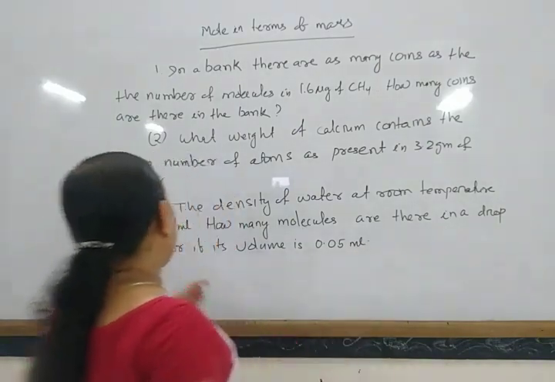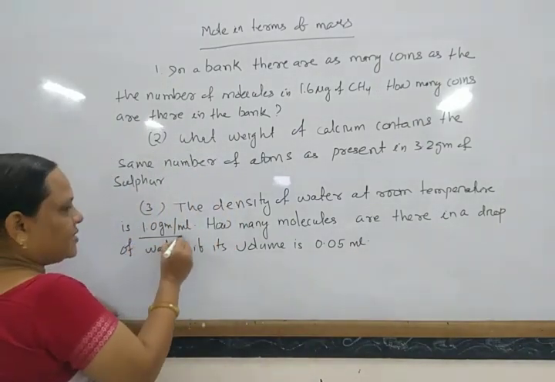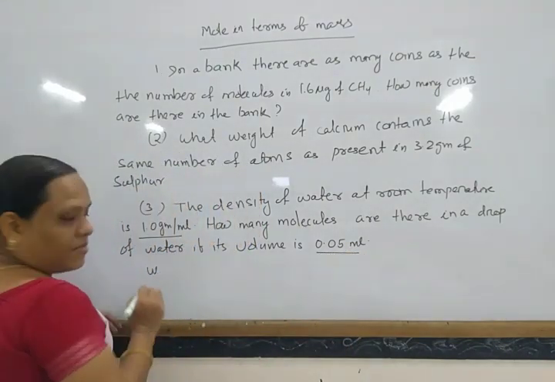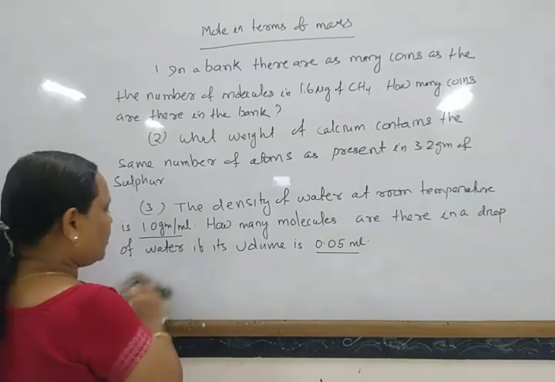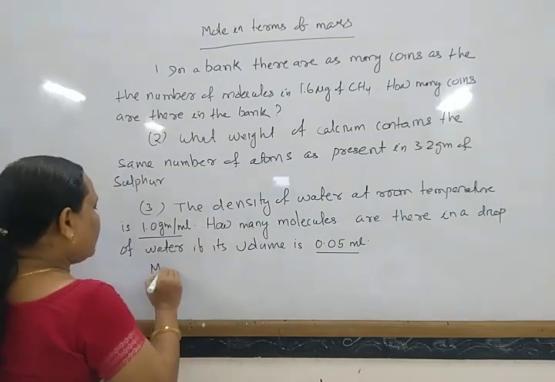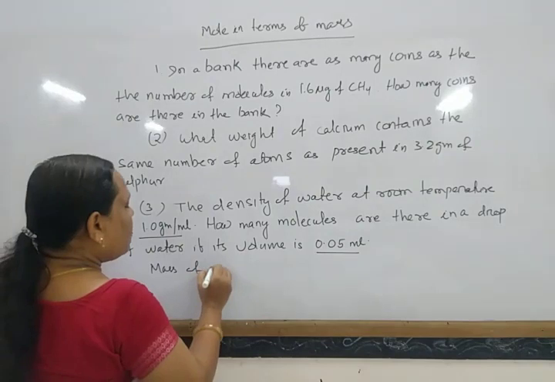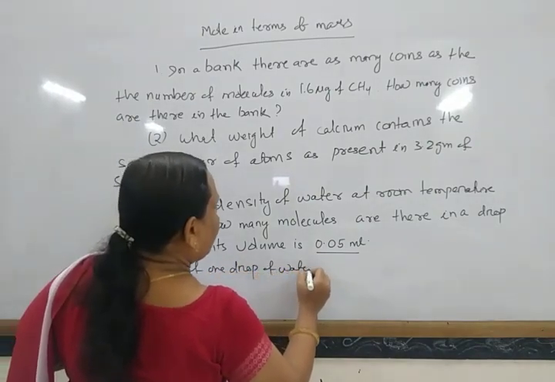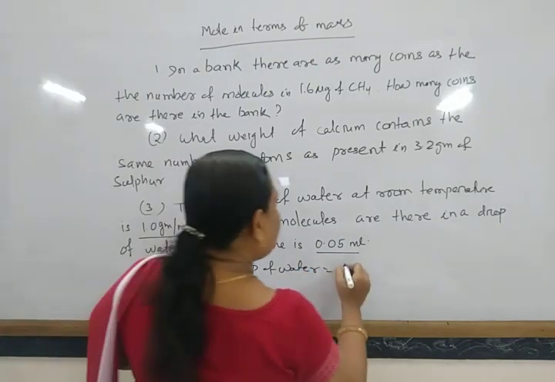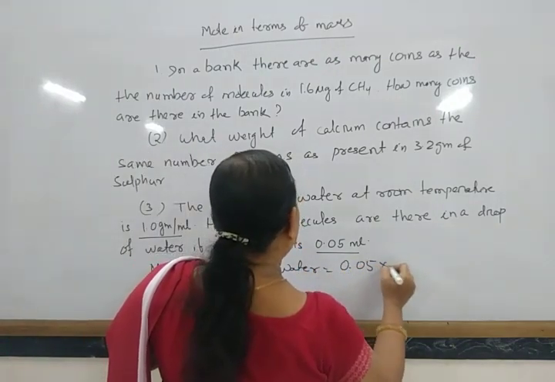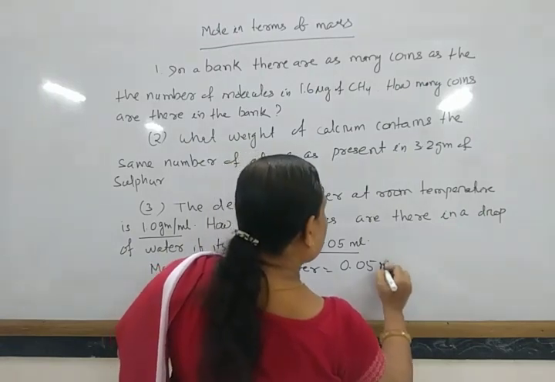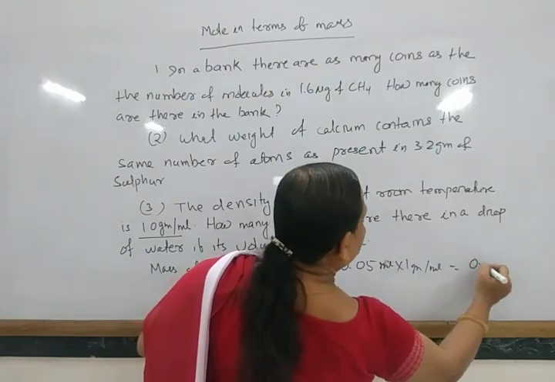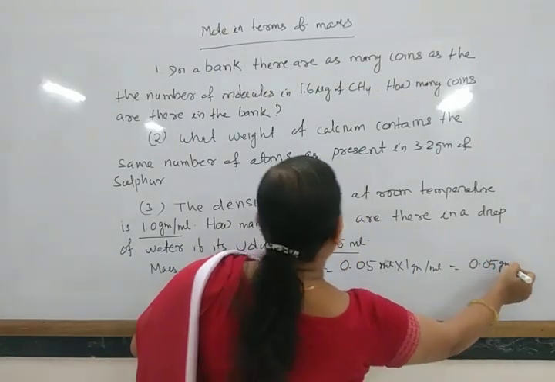0.05 ml? So here density is given and here volume is given, then what is the mass of one drop of water? Mass of one drop of water, that is equal to 0.05 ml × 1 gram per ml, that is 0.05 gram.